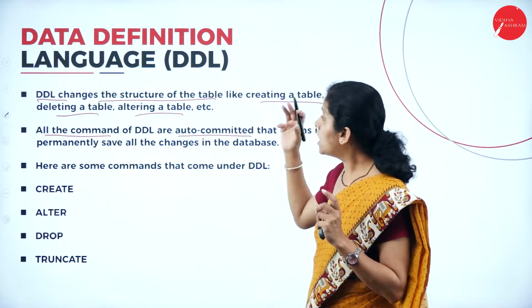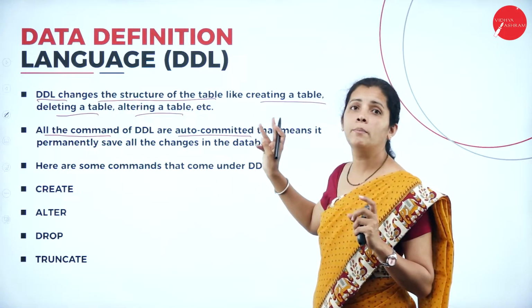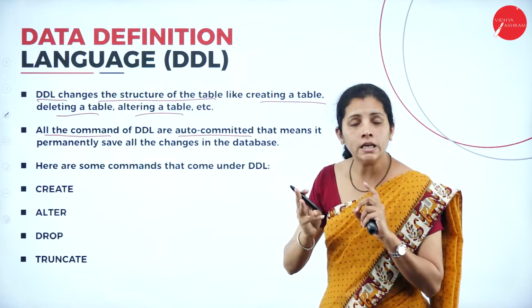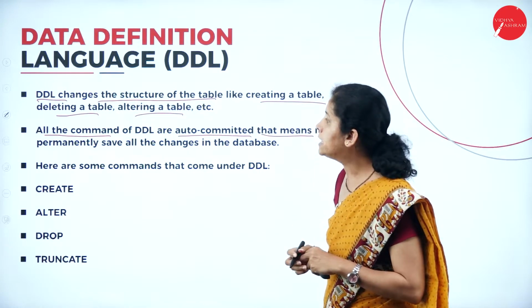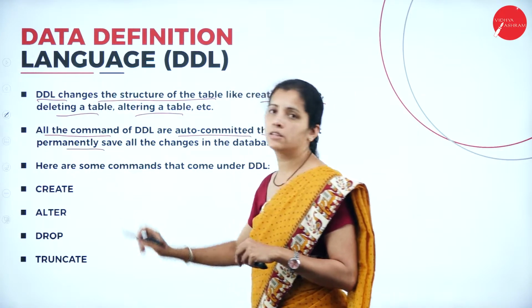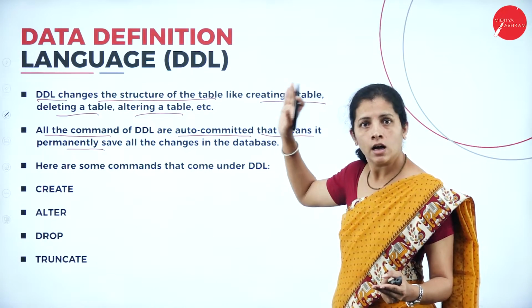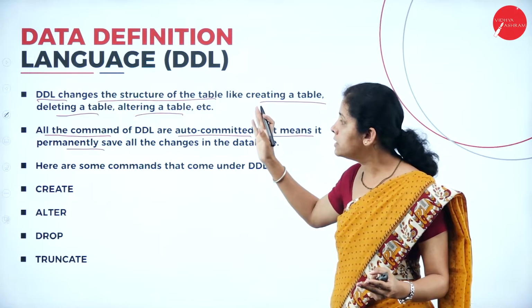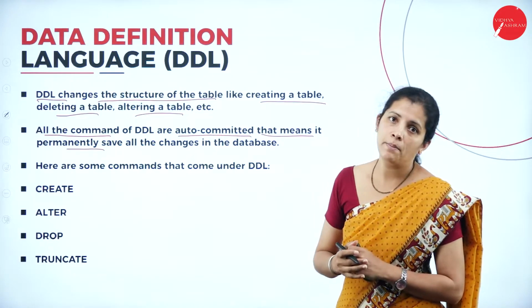So all the commands which are present in DDL are auto-committed, which means automatically saved. That means it permanently saves. When I use DDL commands, it is going to save the changes permanently.